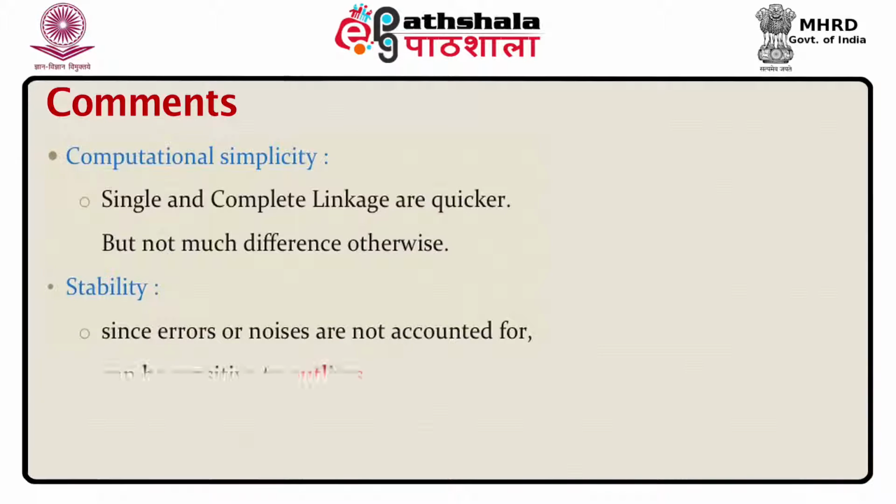Stability-wise, what is meant by stability is that you have errors and noise in any observation. But when you look at the clustering technique, these errors and noise are not accounted for. Hence the clustering techniques can be sensitive to outliers. So we should be very careful about outliers, because outliers can form a cluster by themselves.